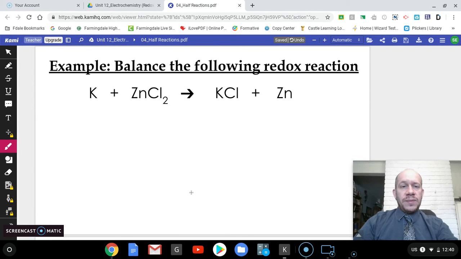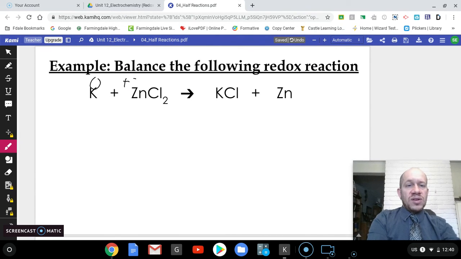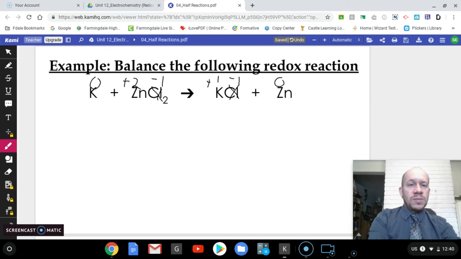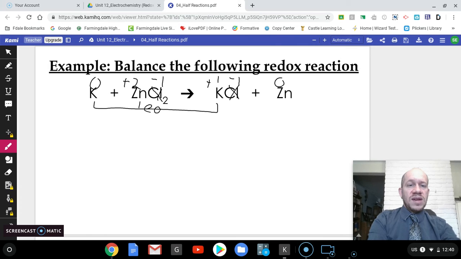So balance the following reaction. Potassium is 0, zinc is +2, and chlorine is -1. Potassium is +1, and chlorine is -1. So this is my spectator ion, and zinc is 0. So potassium is losing electrons, therefore it's oxidation, and zinc is gaining electrons, therefore it's reduction.